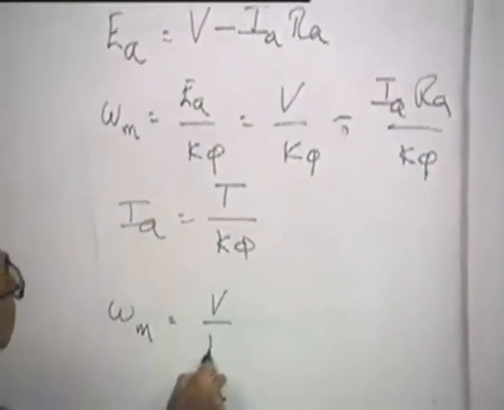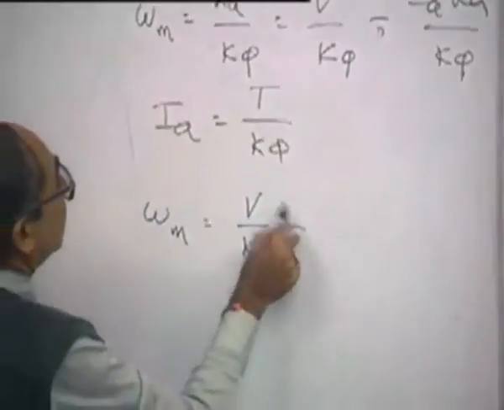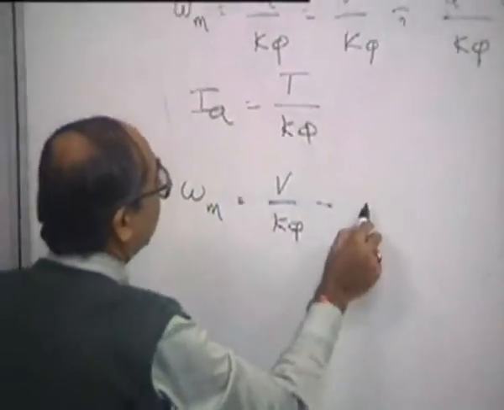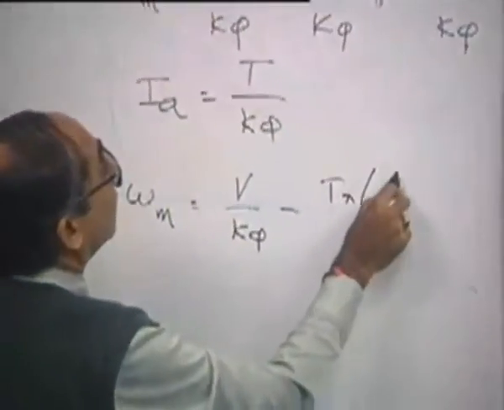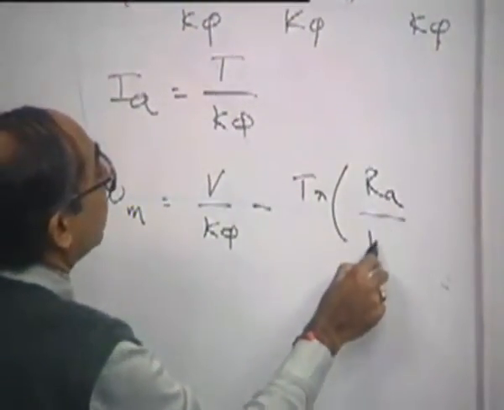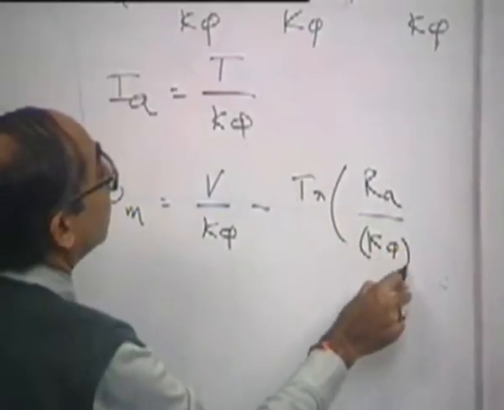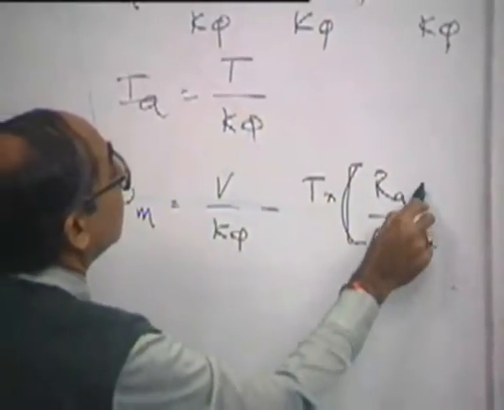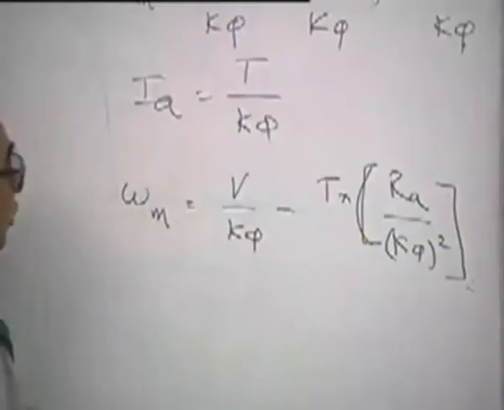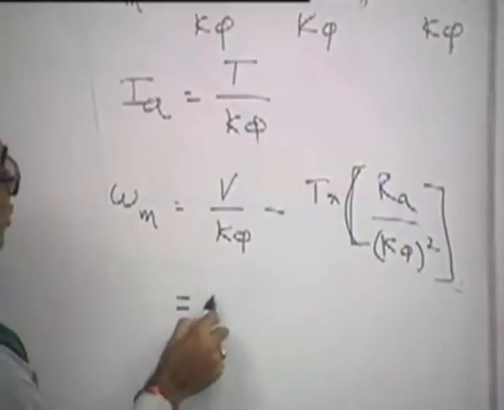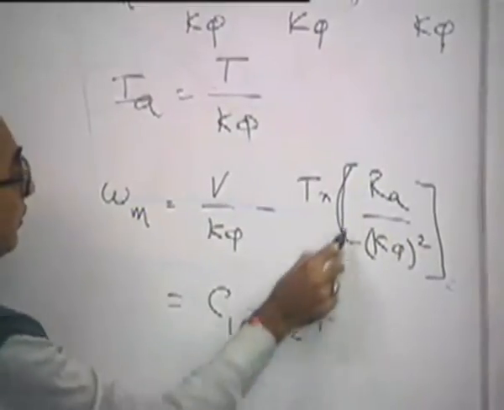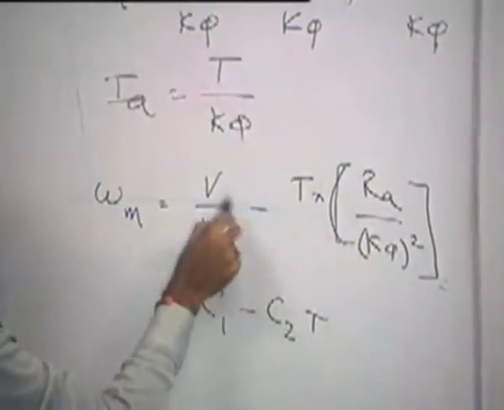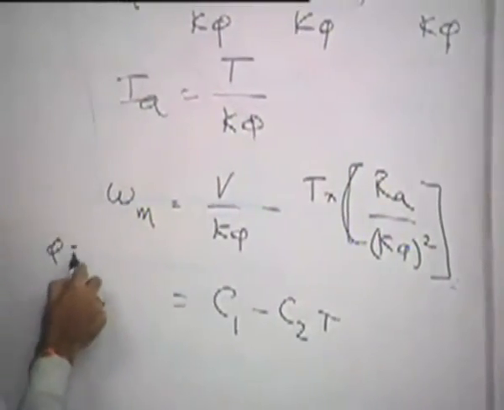V by K phi minus, you substitute IA as T by K phi, so T into RA by K phi square. So you can say this is almost like saying omega m is equal to C1 minus C2 into T, if these are all constants, that is, for when flux is constant.